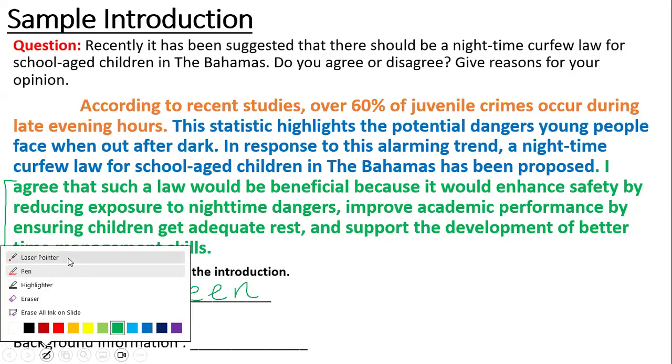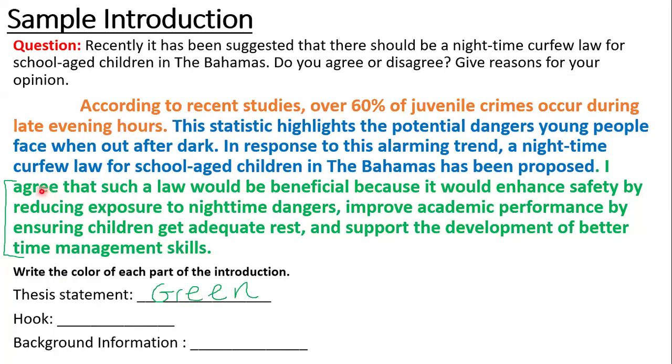They said, I agree, so that's their position, that such a law would be beneficial because it would enhance safety by reducing exposure to nighttime dangers. That's one. Improve academic performance by ensuring children get adequate rest. That's 2. And support the development of better time management skills.